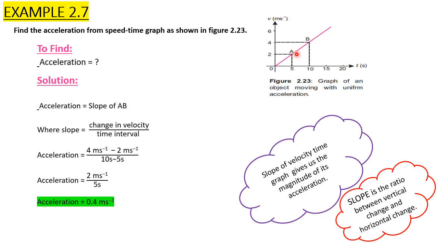So at points A and B, the change in velocity is 4 meter per second minus 2 meter per second, whereas the change in time interval is 10 second minus 5 second. So from this formula we got the value of acceleration as 0.4 meter per second square.